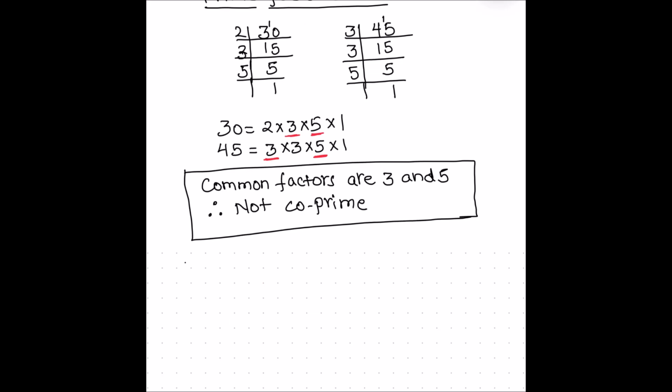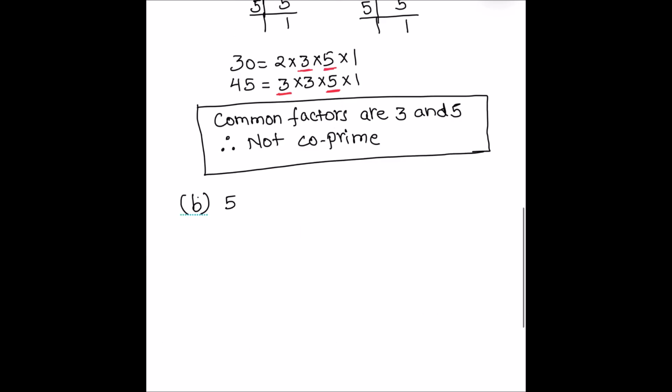B part is numbers are 57 and 85. We'll write our guess that these are co-prime numbers because I do not see any common factors.